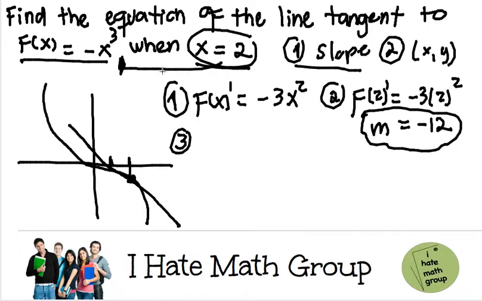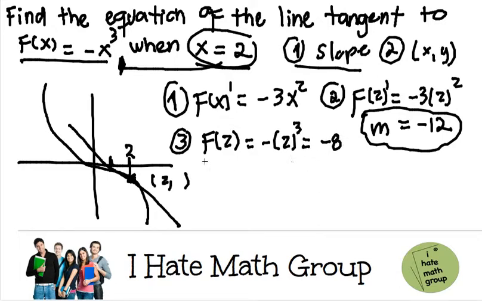But when you plug it into the original function, that's going to give you this point right here, which right now I don't know what it is. I only know that it's at x equals 2, but I need to figure out the y. So I plug it into f of 2, and this is going to be equal to negative 8. Finally, I have my slope and I have my point, which is (2, negative 8).